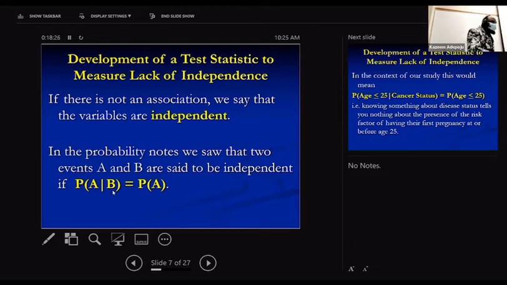Event B must have occurred. In a situation where the conditional probability equals the marginal, then the events A and B are independent. Now here, the probability of A is not depending on anything, but this is depending on B. If they are equal, then they are independent. If the conditional probability equals the marginal probability, then A and B are said to be independent.